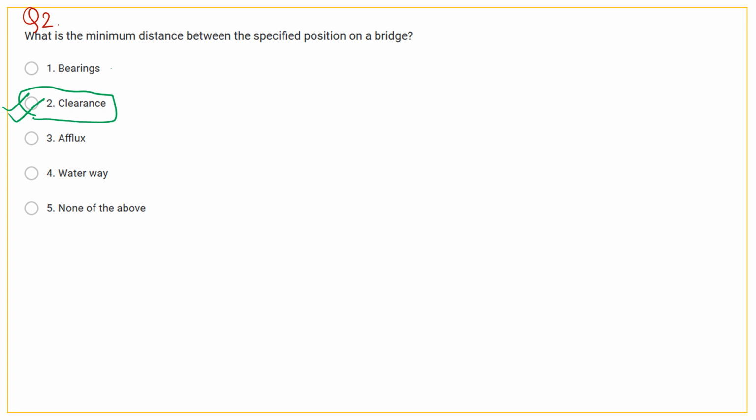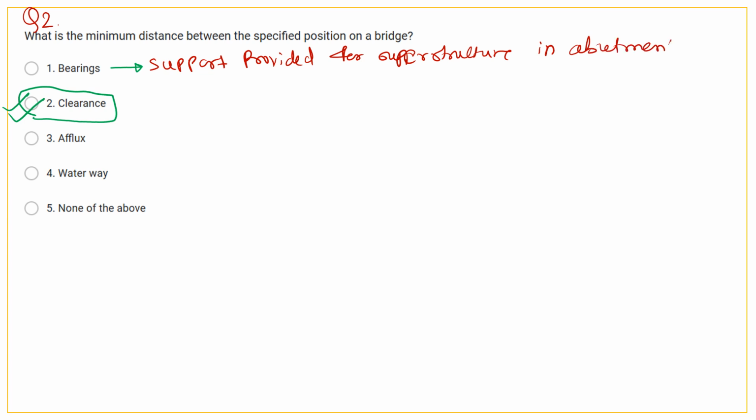So what about bearing? Bearing is nothing but a support provided for the superstructure in abutments and piers.